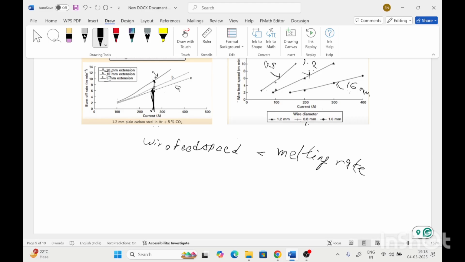So we always keep the voltage lower, in the 10 to 30 volt range. And if I increase the current, then spattering will be more? Yeah, spattering will be high, and the arc will not be stable.